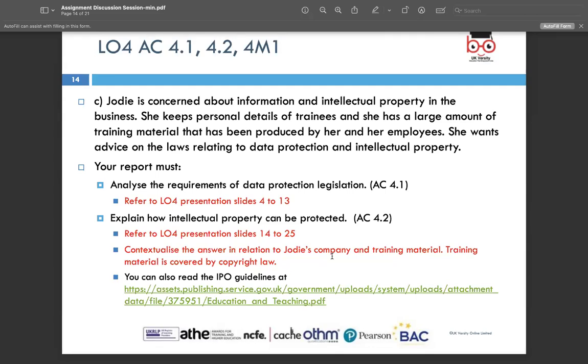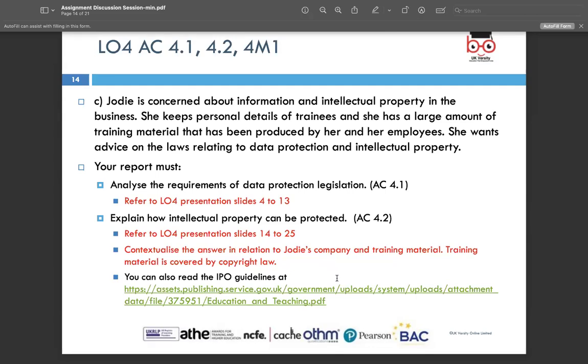Then contextualization for Jody's company, copyright protection for training material. Explain that Jody's training materials are automatically protected by copyright from the moment of creation, but registering them can provide additional legal benefits. Advise on marking material with the copyright notice and using contracts to specify ownership for work created by employees.